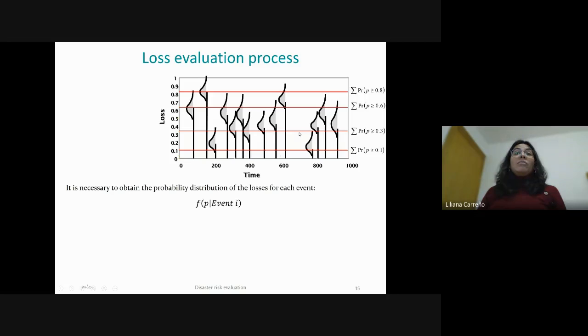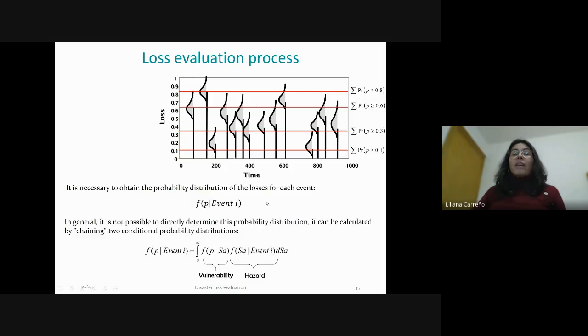To do this, it is necessary to obtain the probability distribution of the losses for each event. But this, in general, is not possible to do directly, so we use two conditional probability distributions that you can see here.